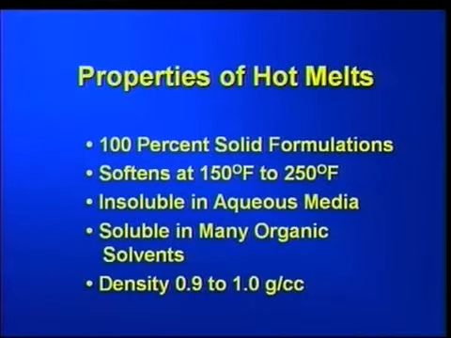Most of the hot melts are 100% solid at room temperature, but they soften around 150 to 250 degrees Fahrenheit depending on the composition and specifically the amount of wax.